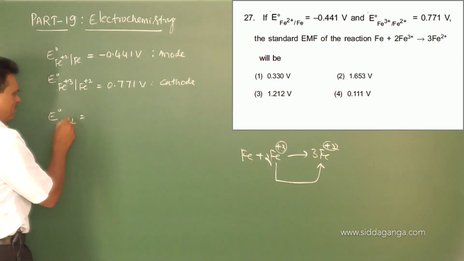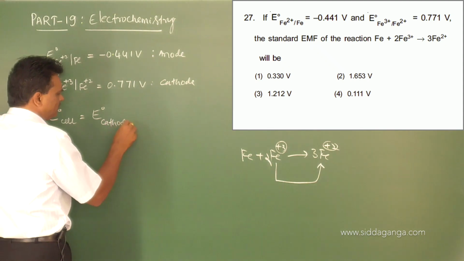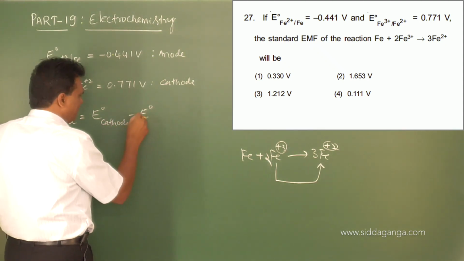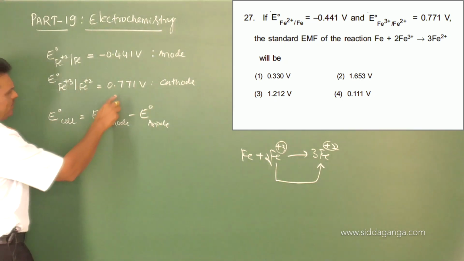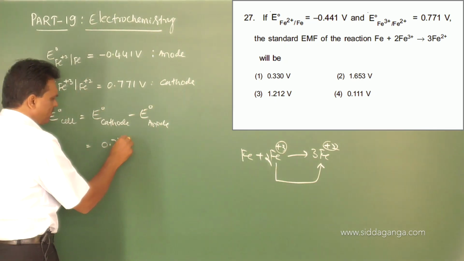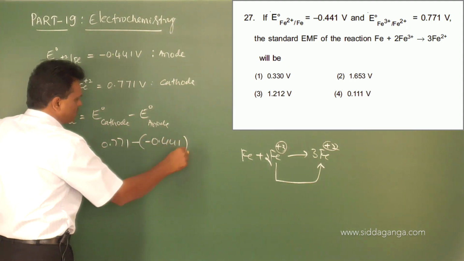Therefore, EMF of cell is equal to E naught of cathode minus standard reduction potential value of anode. So cathode is 0.771 volts minus minus 0.441 volts.